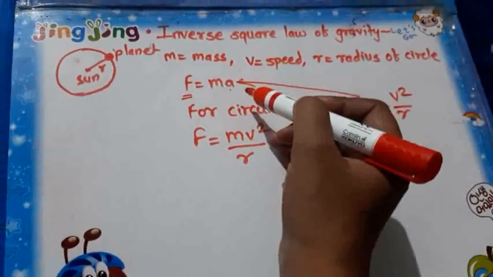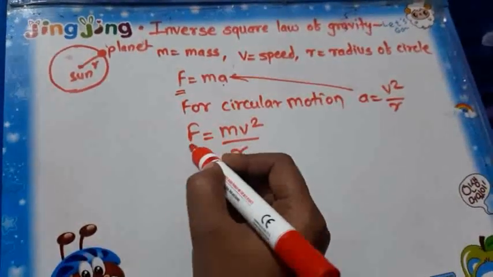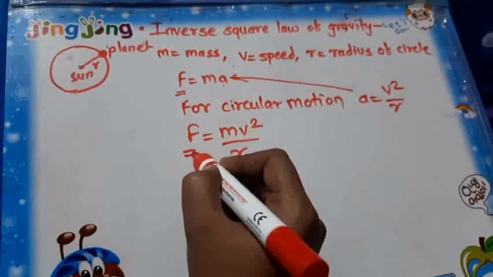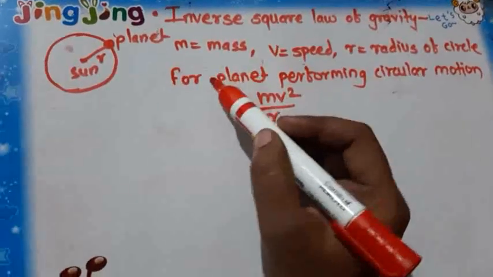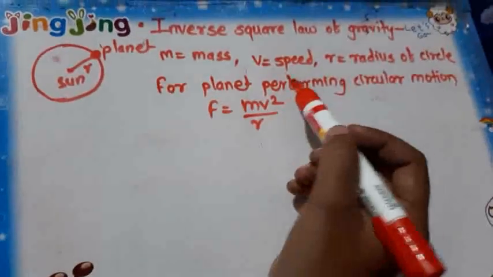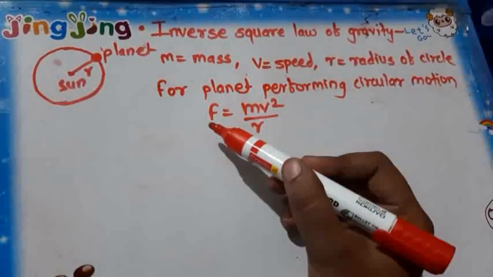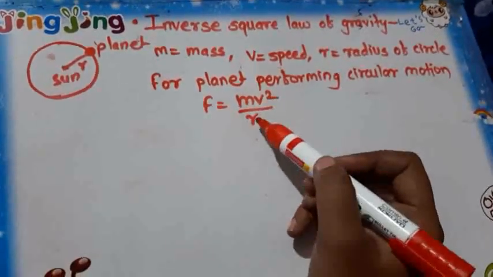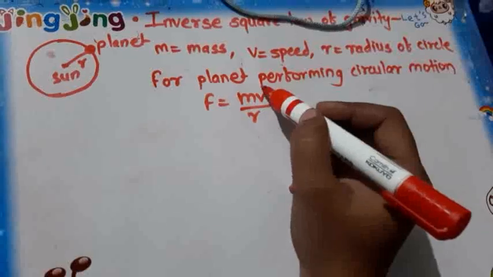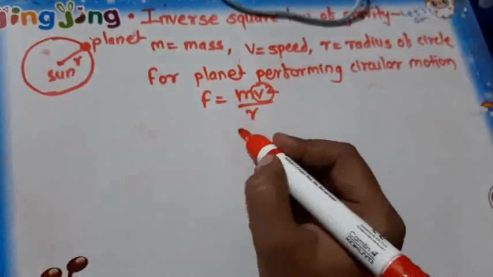So for that case also, the force acting on the planet is given by F is equal to m v square by r.